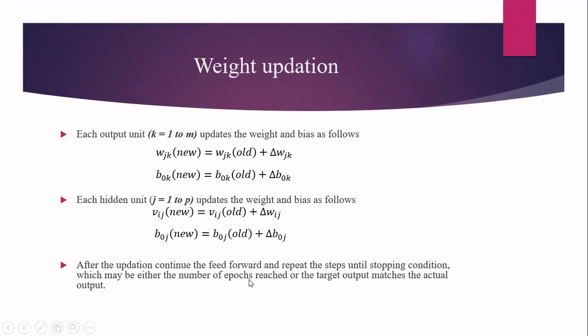Sometimes, before you reach the maximum number of epochs, your target and the actual output may be equal. In that case, no need to continue. You stop your algorithm. If your condition is not met like that, you have to continue till the maximum number of epochs is reached. So either the maximum number of epochs is reached or until the target output matches the actual output.